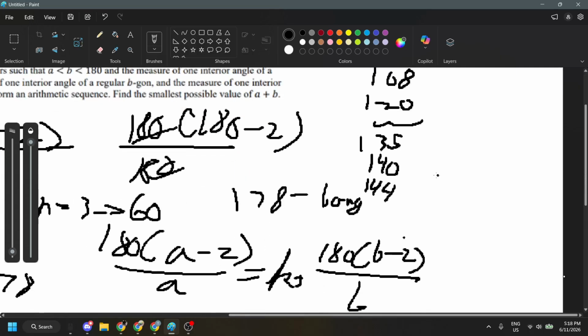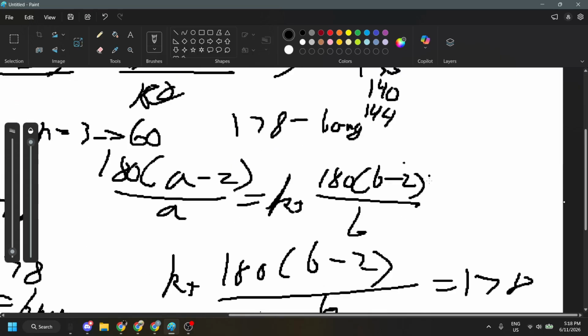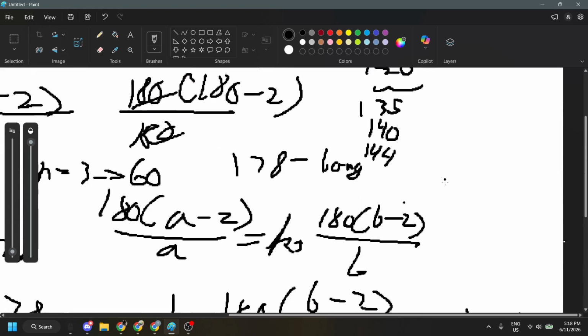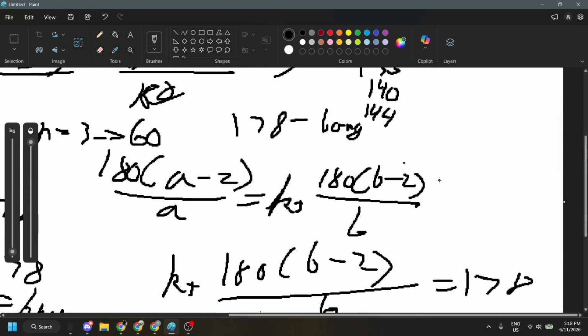No. Close again, actually. 120 plus 178 is 298. 298 over 2 is 149, that could be one.